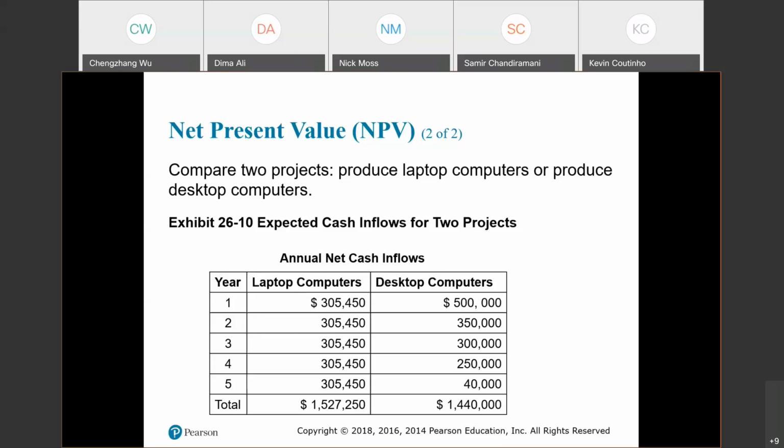So here, as I said, we need to use NPV to help us to make decisions. We need to discount the net cash inflows using the company's minimum required rate of return. Well, this rate is called discount rate because it is the interest rate used for the present value calculations.